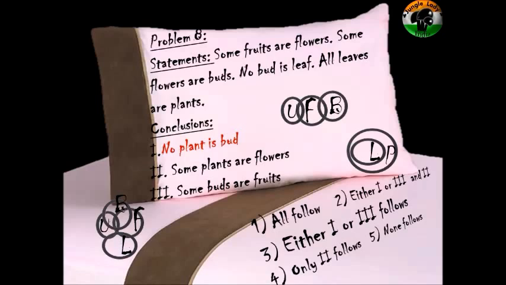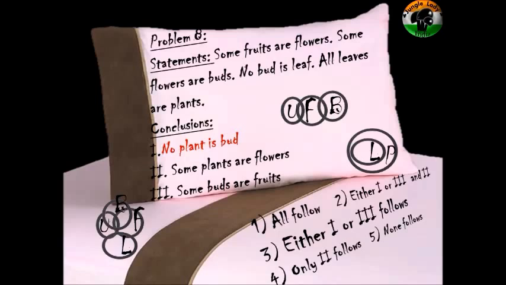Okay, bud and leaf are disjoint, but leaf they didn't relate with fruit and flower. So I draw with little intersection to fruit and flower, but completely separate from bud, because in the question itself they have told no bud is leaf. So bud and leaf are disjoint or separate. However, with my brain I relate fruits, flowers and leaves together.